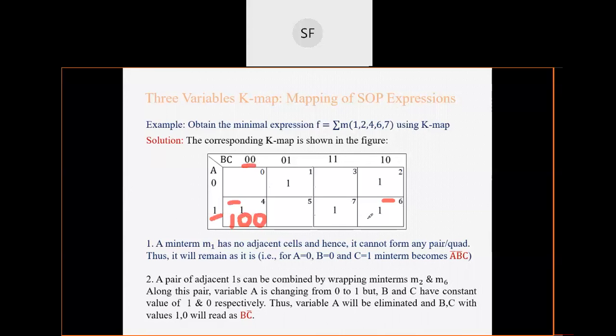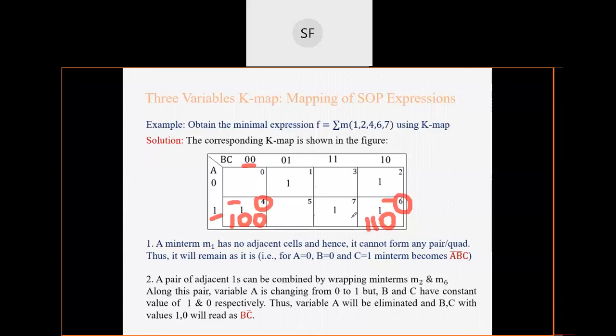Now similarly, what will be the value of 6? 1 1 0. Now observe how many variables change. LSB is 0 here and LSB is 0 here. At MSB you have 1 and 1. And the middle bit is 0 here and 1 here, only one variable is changing. So since only one variable is changing, min term 4 and min term 6 are adjacent cells.